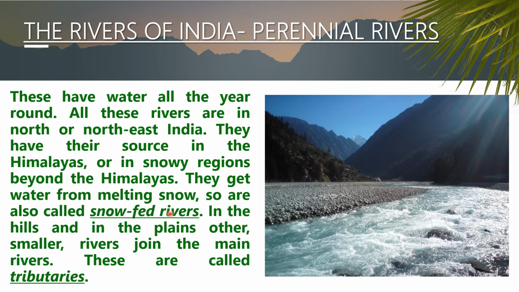When this happens, the rivers flood the surrounding areas. Then in the hills and in the plains, other small rivers join the main rivers. These are called tributaries.